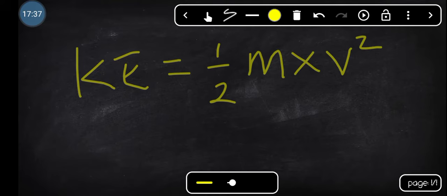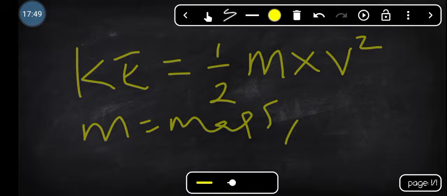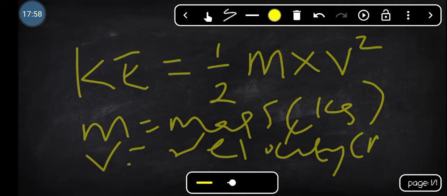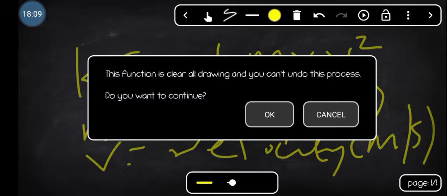Kinetic energy is the energy that has to do with the motion of the object. m is the mass, in kilograms, and v is the velocity, in meters per second. That is very important for us to know.